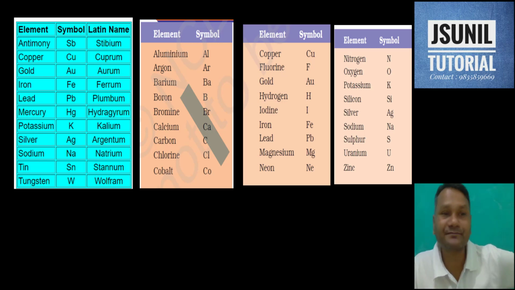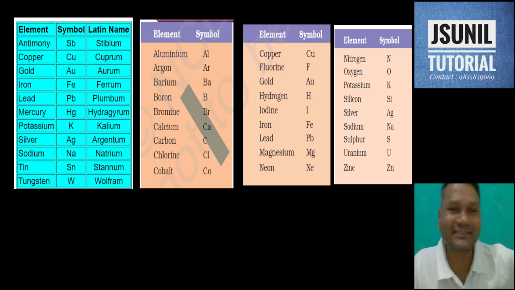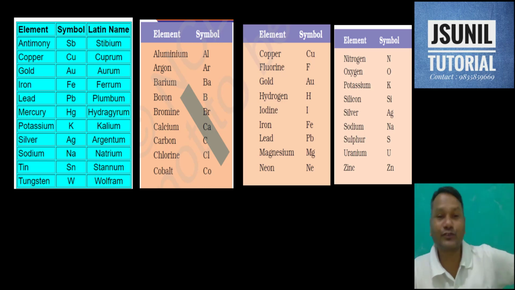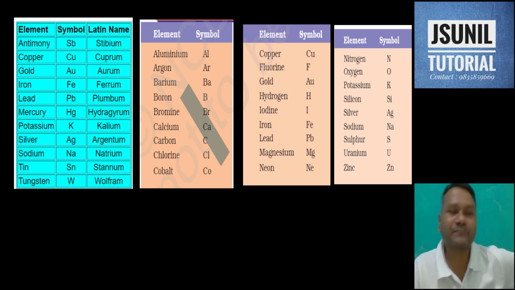Copper, cuprum; gold, aurum; iron, ferrum; lead, plumbum; mercury, hydrogen, potassium, gallium; silver, argentum; sodium, natrium; tin, stannum; and tungsten, wolfram. You should remember all these names because there may be some difficulties when you are writing the symbols for these elements whose names came from Latin.